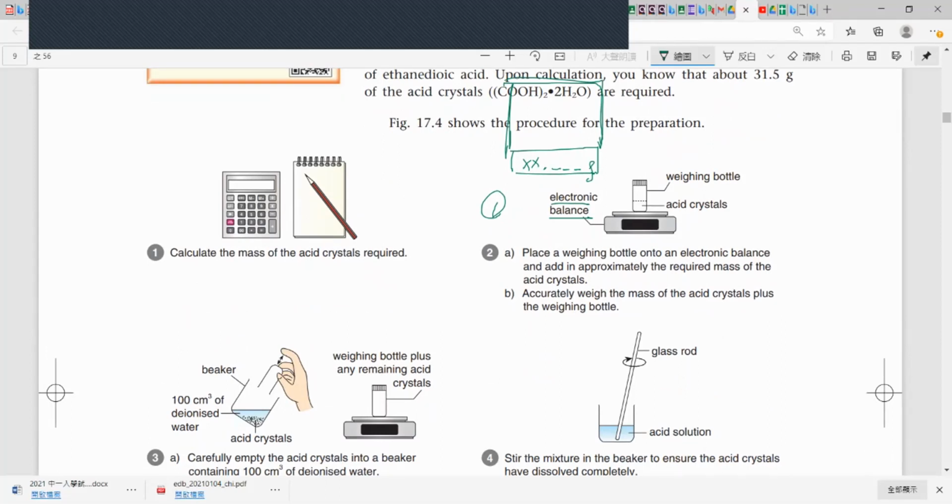Why? Because if you have the measurement of highly accurate mass, any airflow nearby will affect that reading and they will fluctuate.